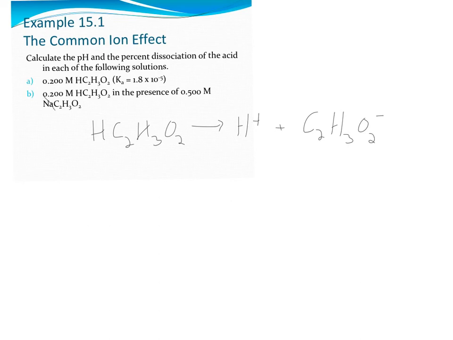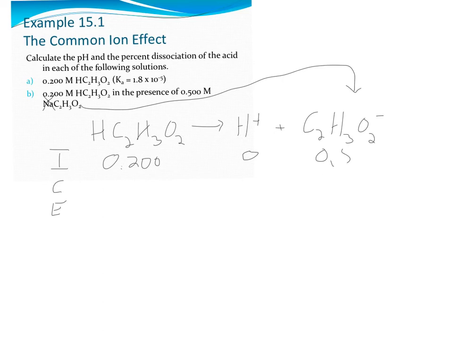This sodium here is a spectator, and this acetate is actually over here. So when we set up our chart, I still have the 0.2 molar acetic acid. However, I don't have any hydrogen, but I don't have 0 acetate, I have 0.5. This is what we mean by a common ion. We have some of the products to start with.